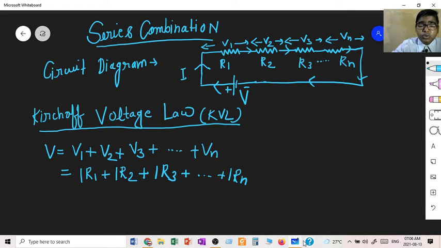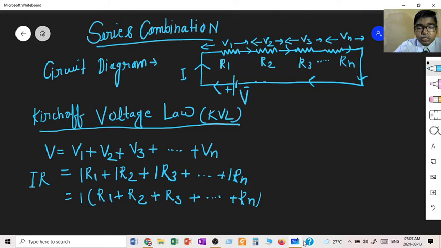The same current I is also emitting from the battery, and let the equivalent resistance of the circuit be R. So we can write V equals I into R. Taking I common from the other side, I times R1 plus R2 plus R3 dot dot dot Rn equals IR.